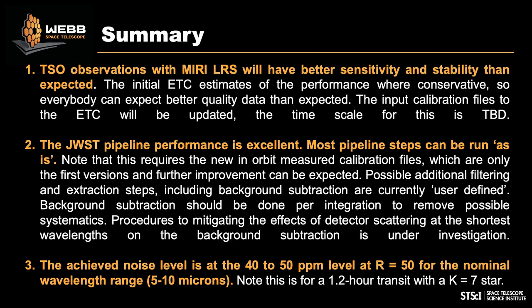By the way, it has slightly higher throughput, but we determined this has no impact on the saturation limit for the data. We checked that, and the ETC already had quite a conservative limit there, so it will not affect the actual data. We don't expect the user to have to change anything about the setup of the observations. You simply will get a higher signal to noise.